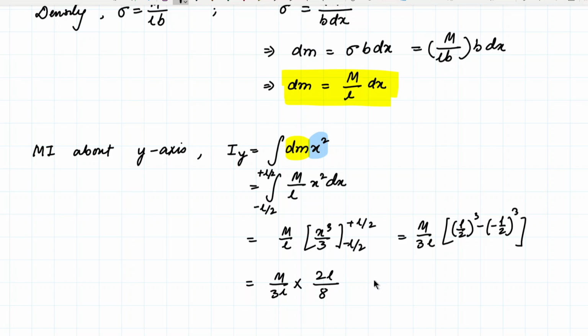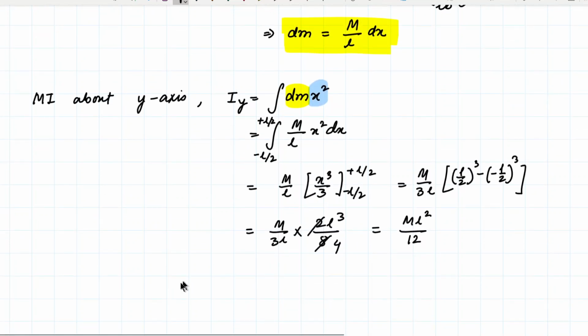So this is equal to 2 into 4, so this L cube, L square remains, mL square upon 12. Okay, so Iy is equal to 1 upon 12 m L square.